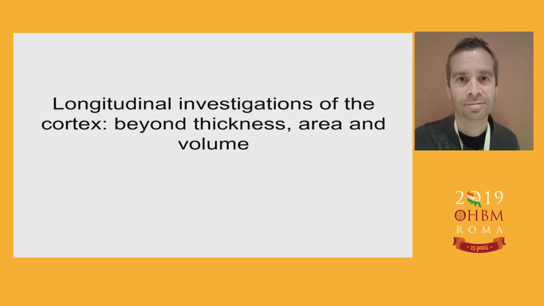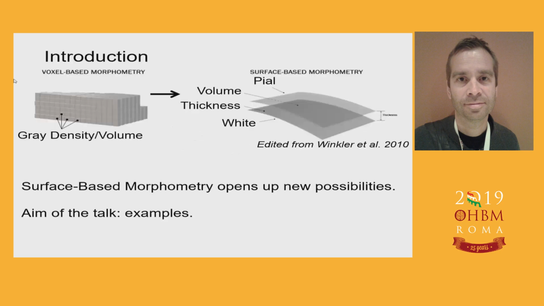My talk will deviate a bit from the previous talk, and we're going to talk about longitudinal investigations of the cortex beyond thickness, area, and volume. As many of you may know, T1 weighted images, so structural MRI scans, have been used for quite a long time in studies using voxel-based morphometry methodology.